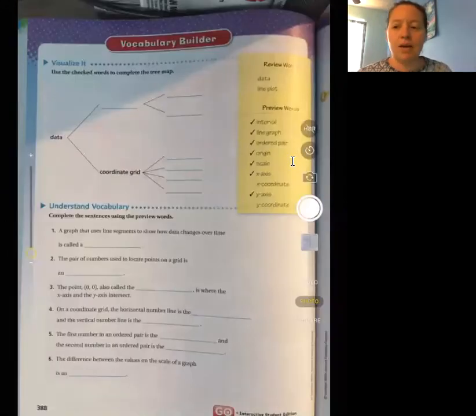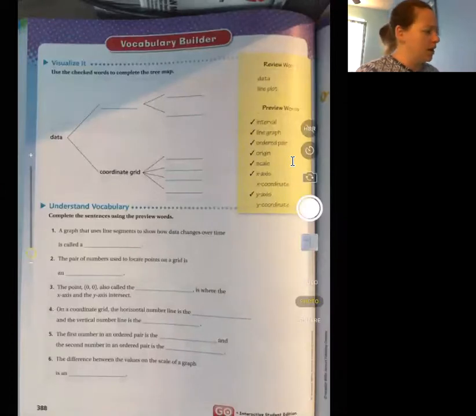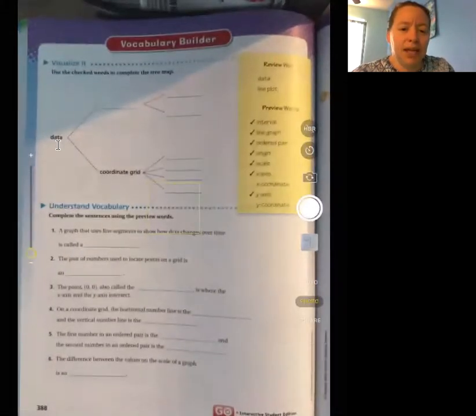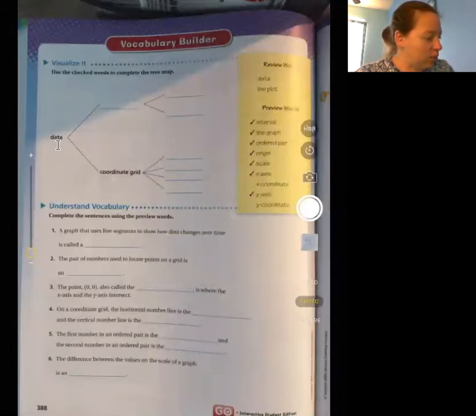All right, so I am now on page 388, and let's see about putting together this chart of ours. So at the beginning, we have data, and we can split data up into two different things. We can either put it on a coordinate grid, or we can put it on a line plot.